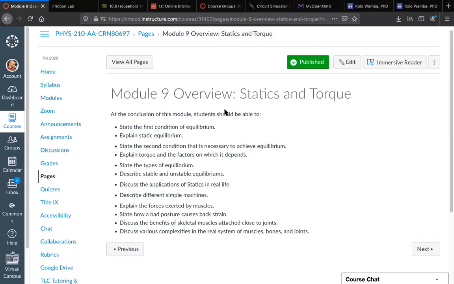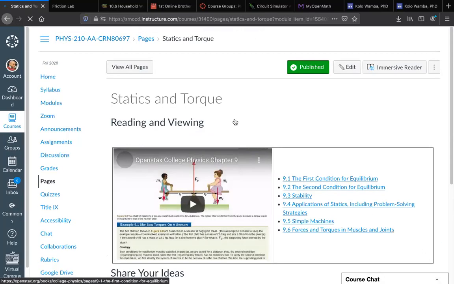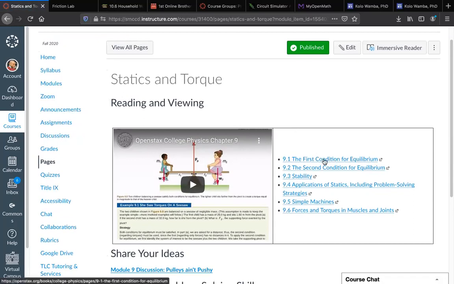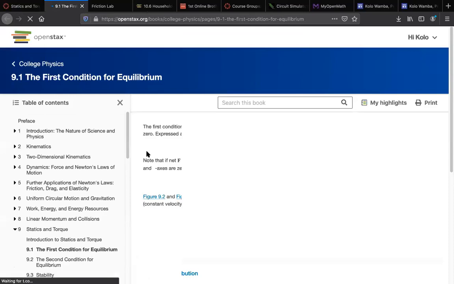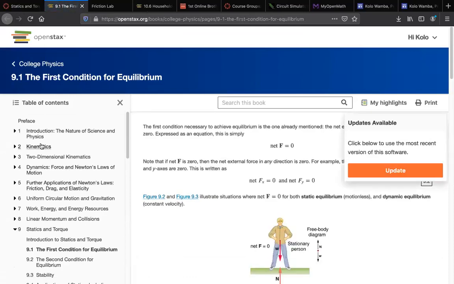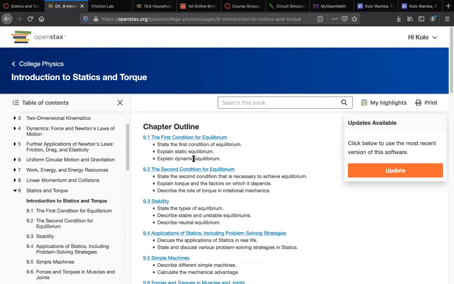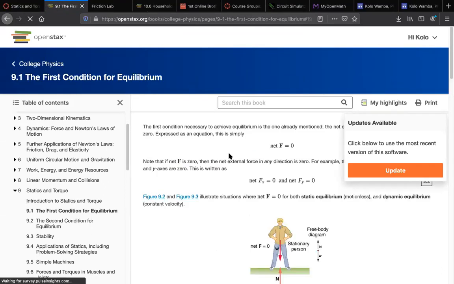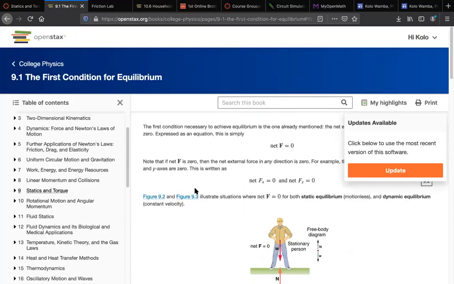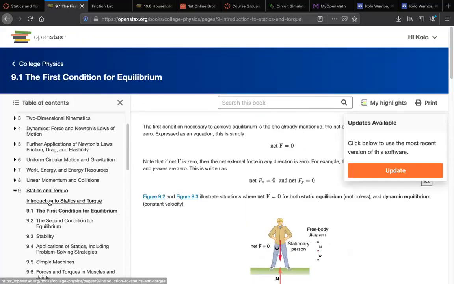They have this cool video in the book where, actually, you know what, I can show you. See here, if we go to this guy, and then we go to the introduction. Yeah, you can see it. Come on, statics and torque.